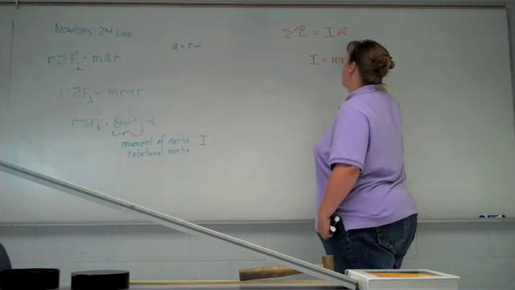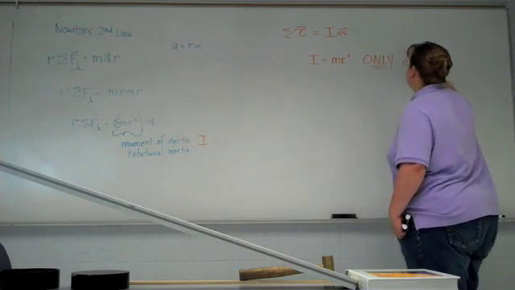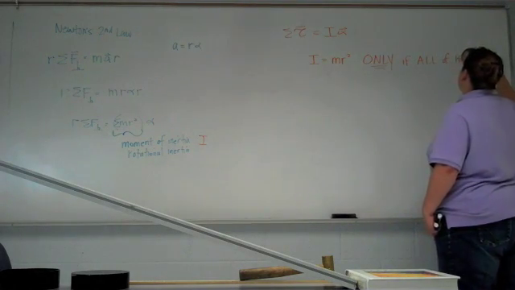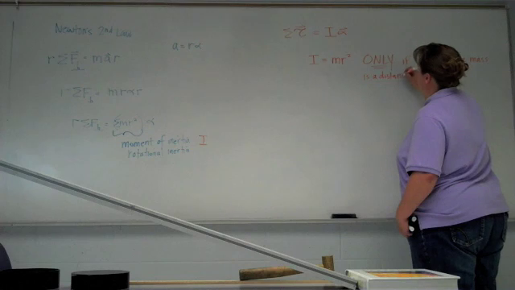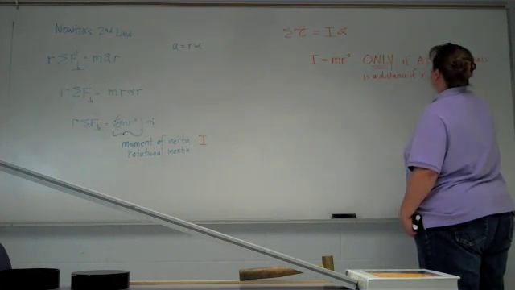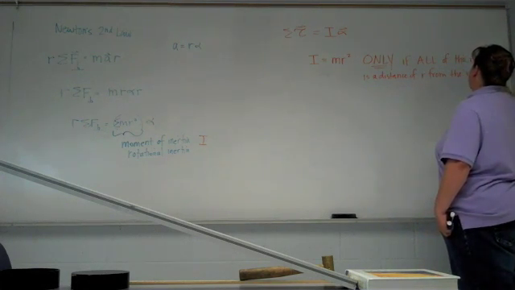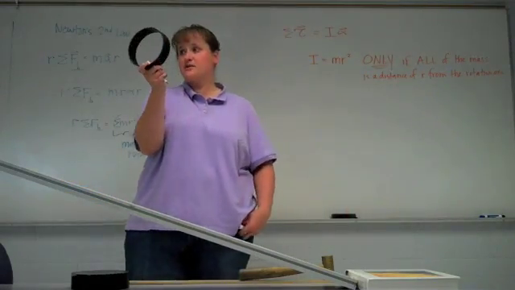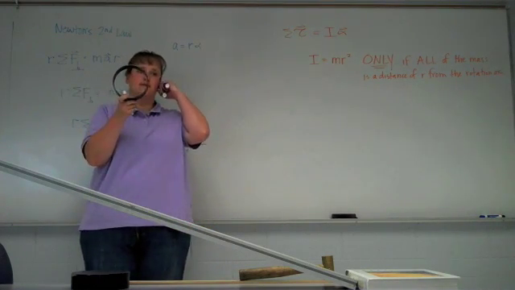I is mr squared only if all of the mass is a distance of r from the rotation axis. So this is mr squared: all of the mass is a distance of r away from the rotation axis.